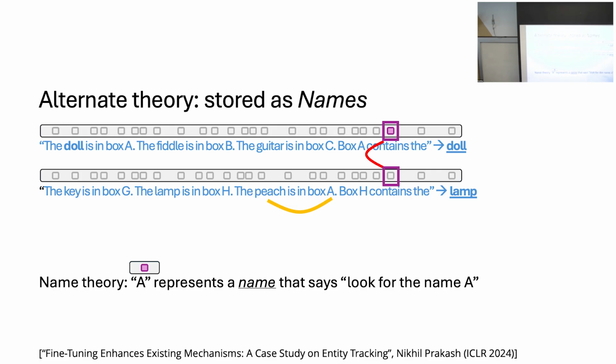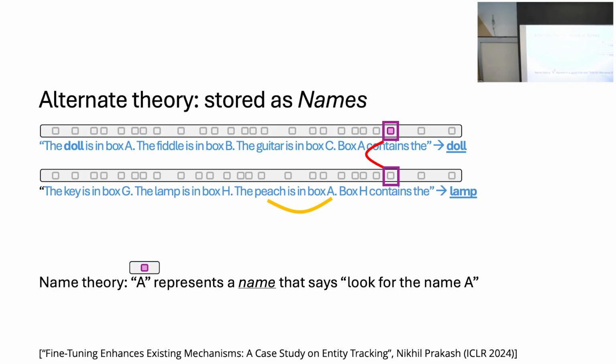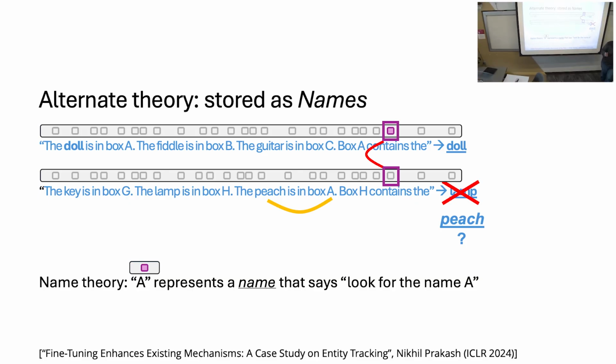It says peach. So the other possibility is if I take the A-ness of the thing and patch it over to overwrite the H-ness, then instead of saying lamp here, maybe it should say peach. Now this sounds like a more promising experiment.